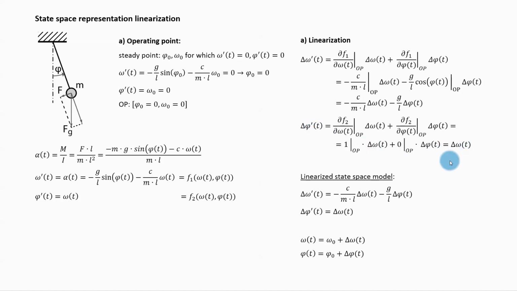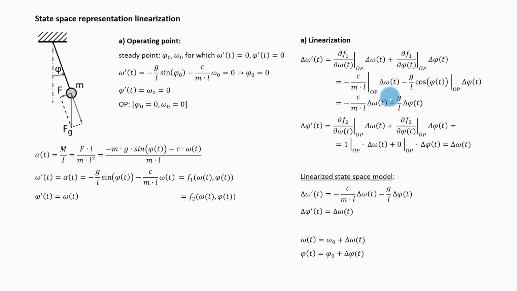And this combined with this is the linearization of this second state equation. And you can see that this is pretty much the same as this, because this already is a linear equation. The only difference is that this is an equation for the actual values and this is an equation for the changes with respect to the operating point.